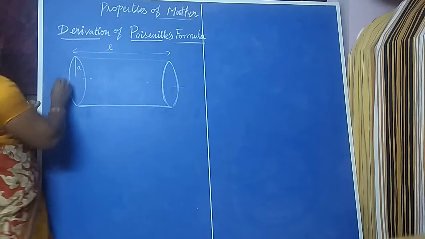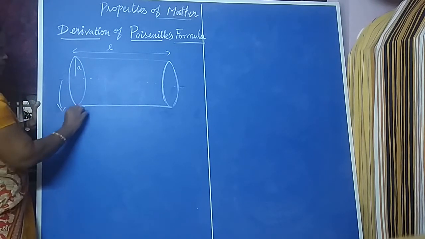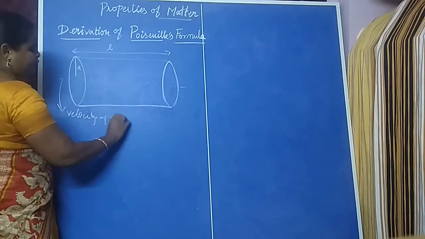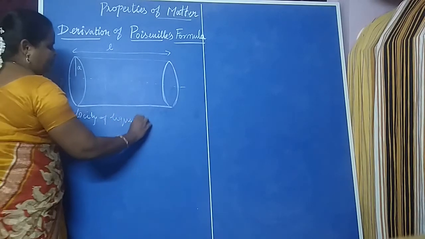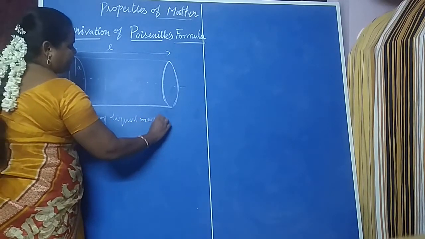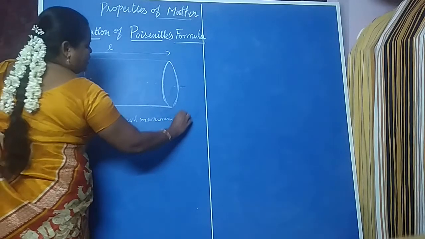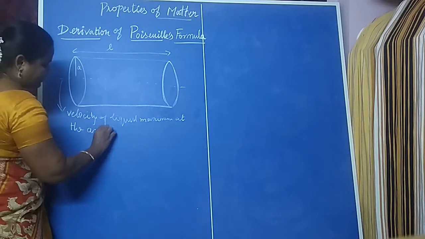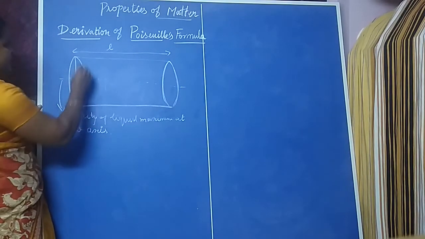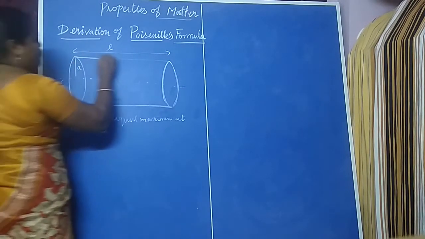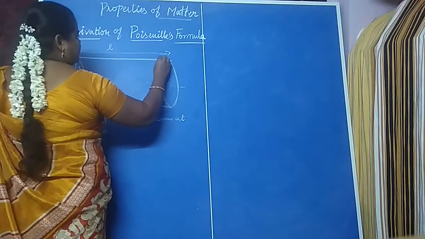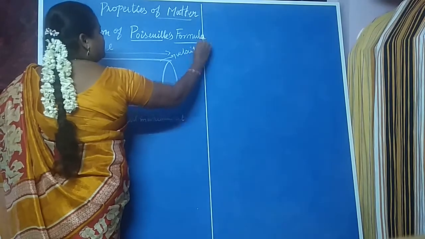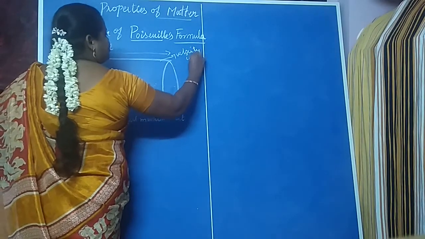The velocity of liquid is maximum at the axis, but at the walls of the capillary tube, the velocity is 0.